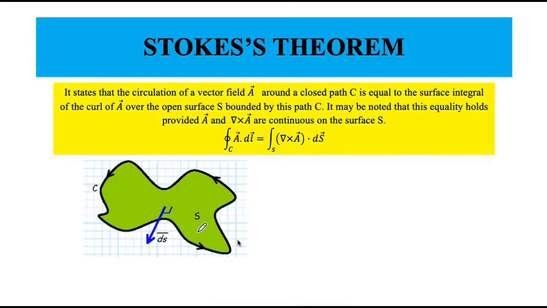If there is a vector field A, then the line integral of A around C is equal to the surface integral of curl A. By considering this surface S having an element dS and a curve C, we will get this statement. The proof of Stokes theorem is similar to that of the divergence theorem.